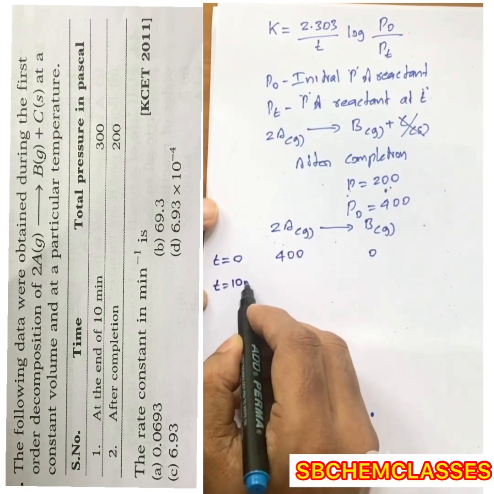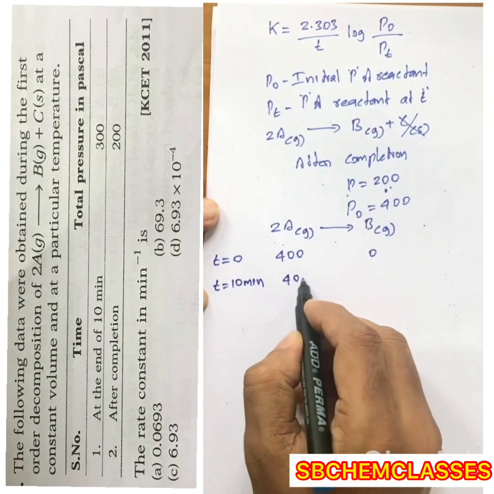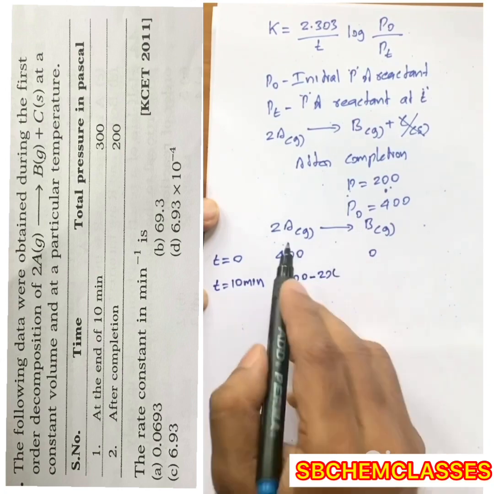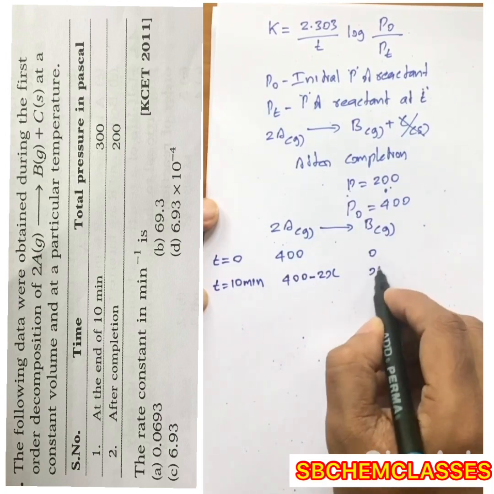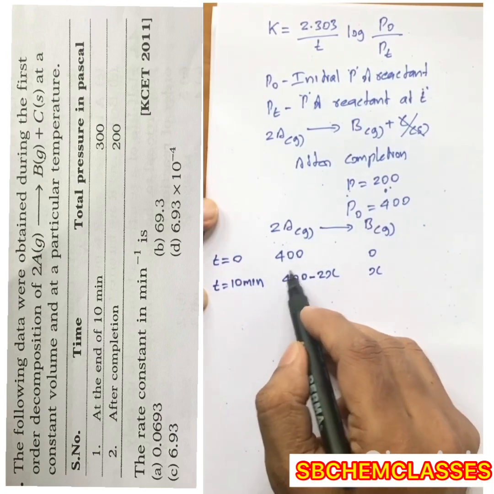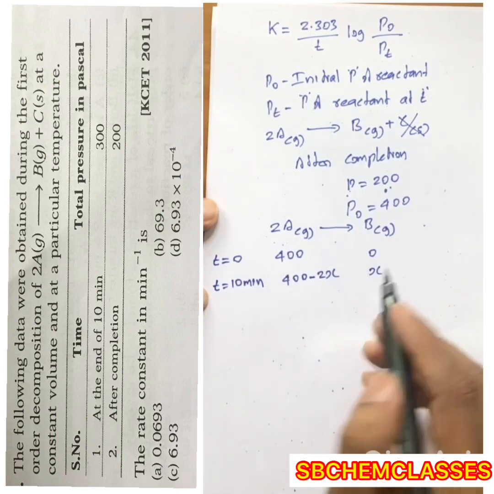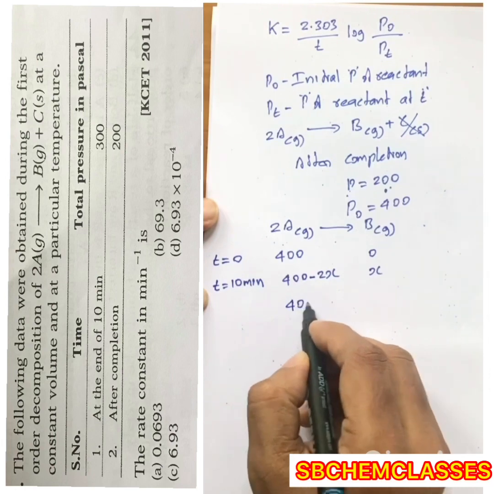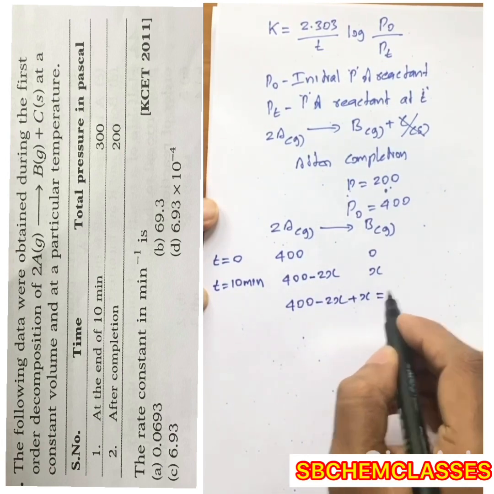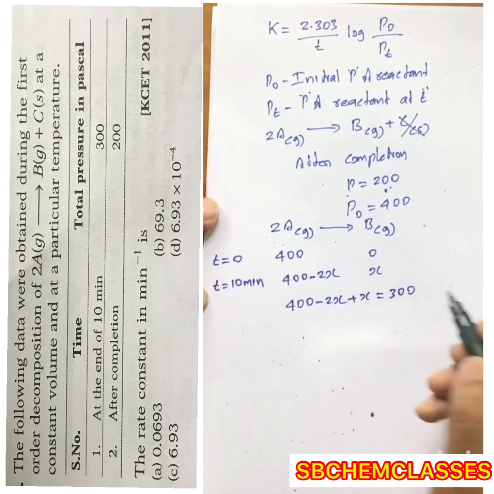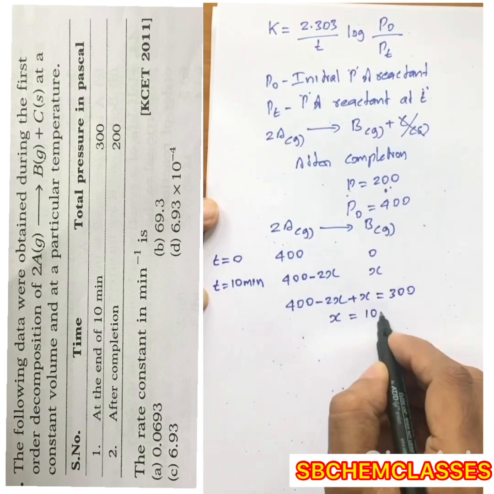After 10 minutes, A reduces its pressure by 2x because there is 2A, then B pressure increases by x. This is the pressure of A and the pressure of B at 10 minutes. If we add 400 minus 2x and x, the value will be 300. By calculation, we get x equals 100.